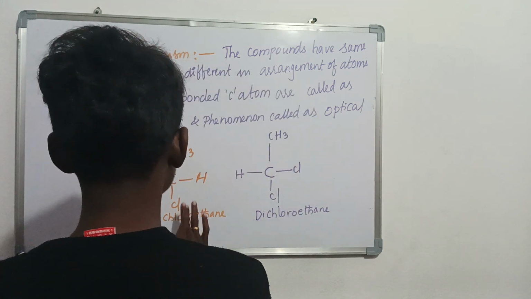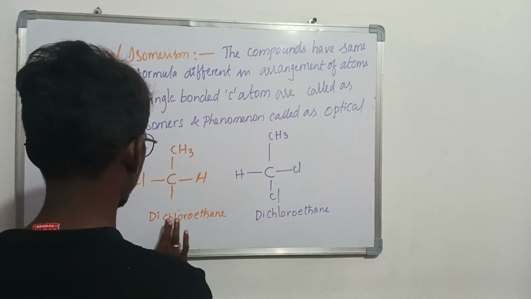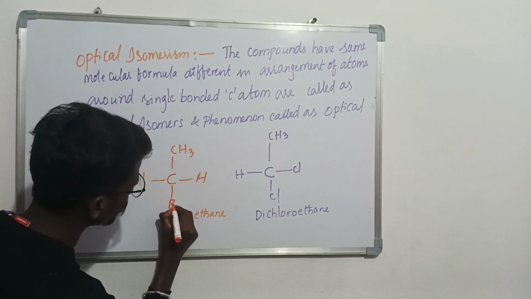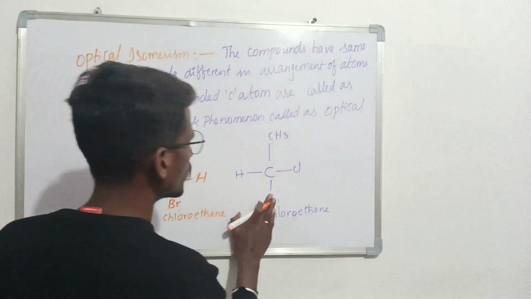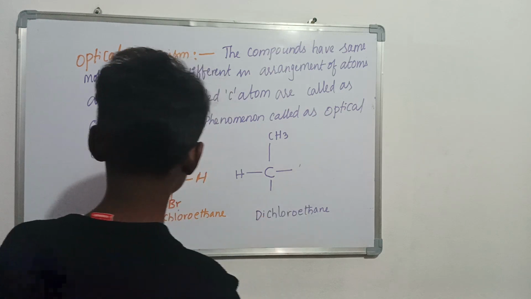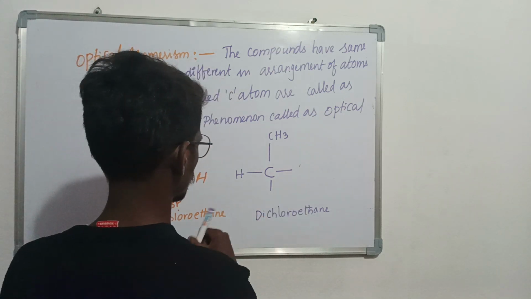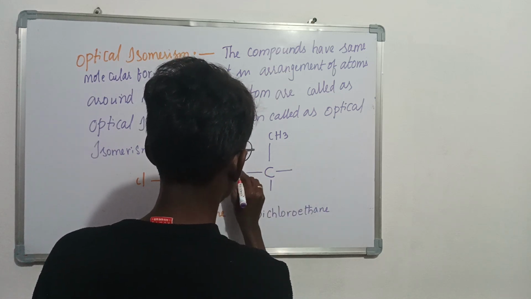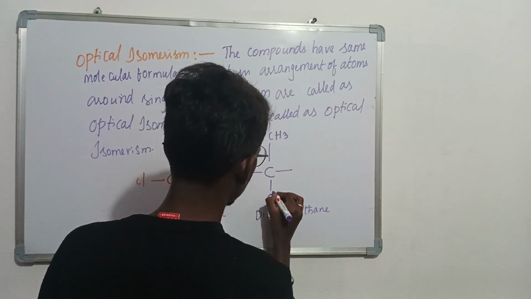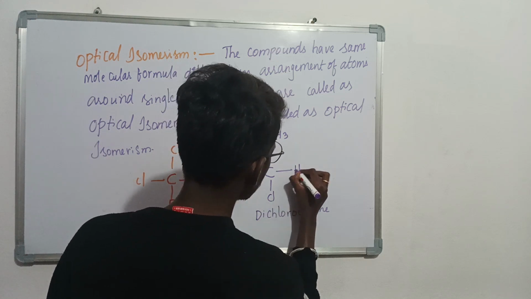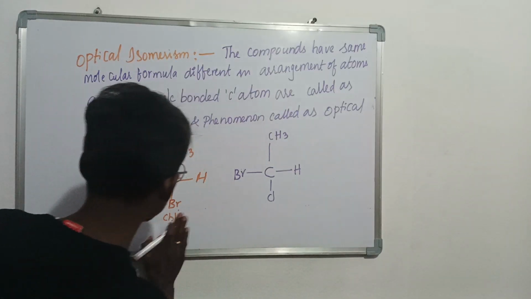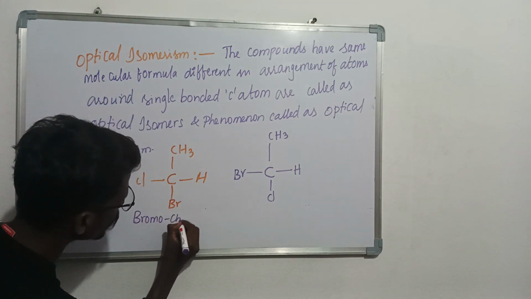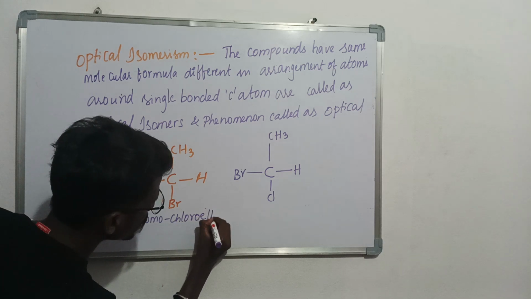We'll see one more example: one chlorine, one bromine, and hydrogen. The name of this one is bromochloroethane.